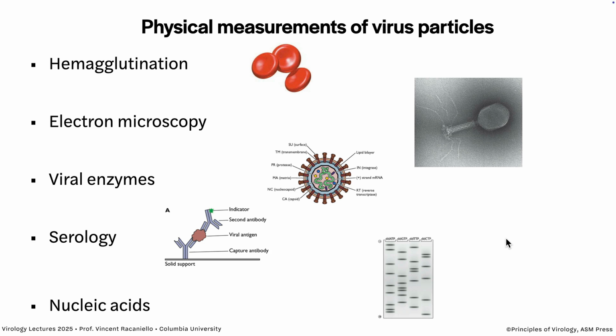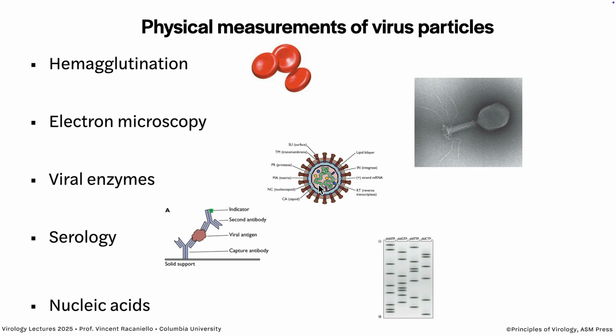All right, so those are ways of measuring infectious particles. It doesn't always work for all viruses, and for that we have developed many ways to measure particles, and these include hemagglutination, an assay where red blood cells stick together because of the presence of virus particles, electron microscopy in a pinch.